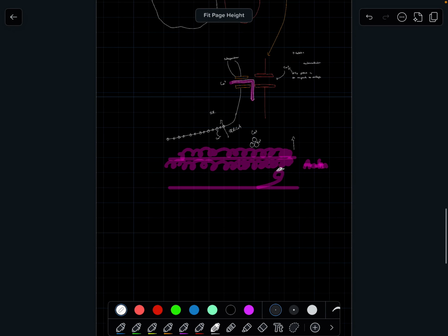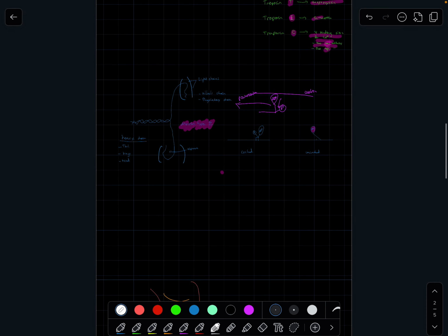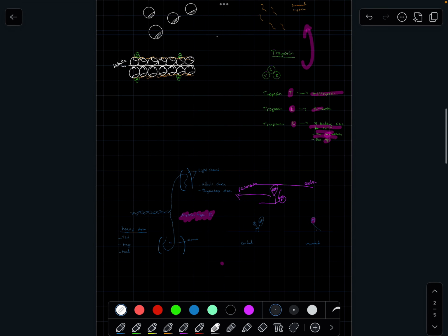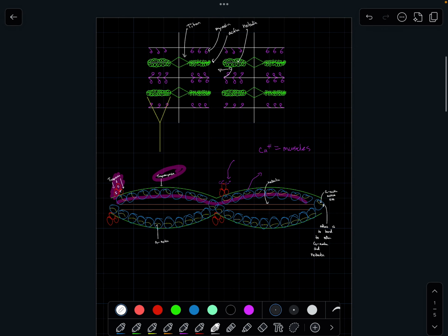And that's just a rough outline of the whole process of muscle contraction and the molecular components of actin and myosin, and how muscle contractions work through muscle cells.